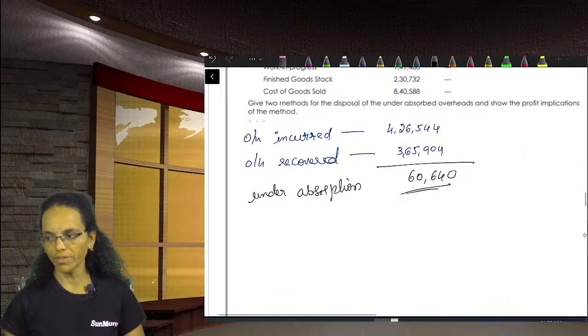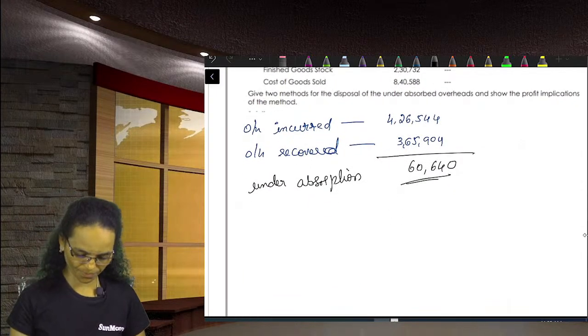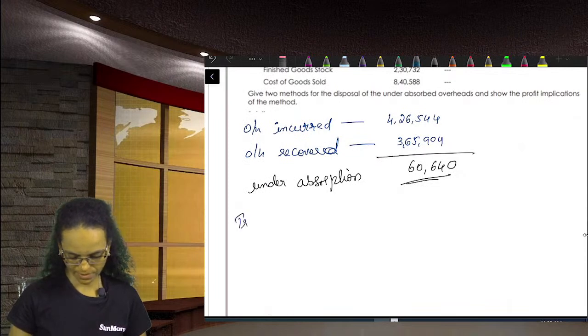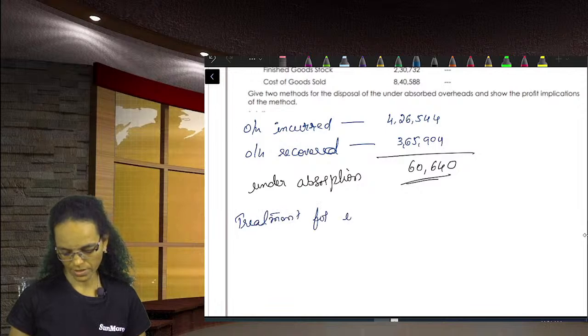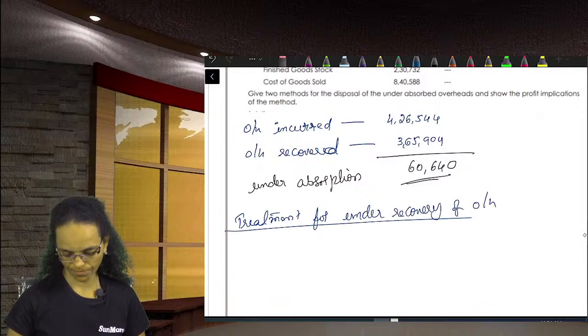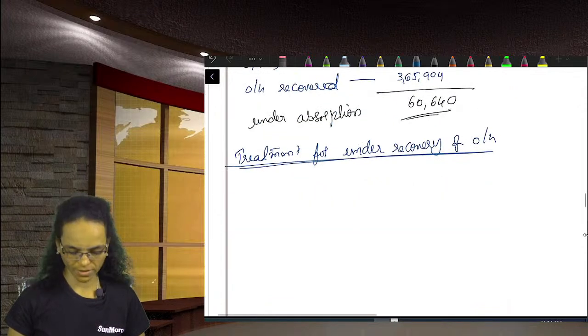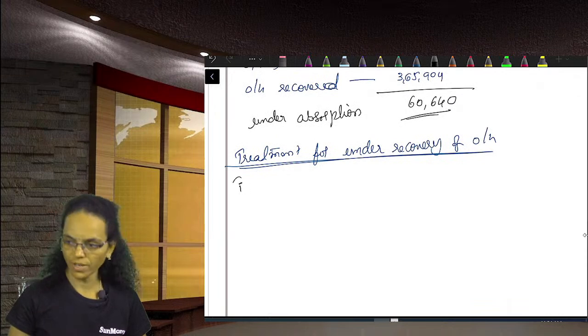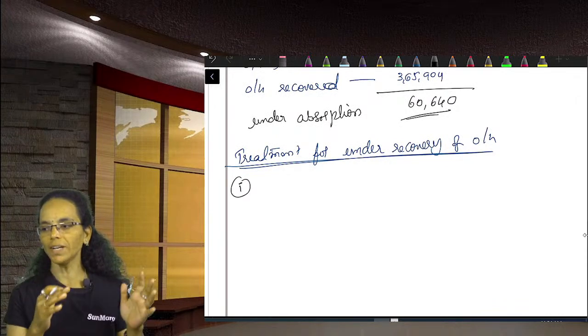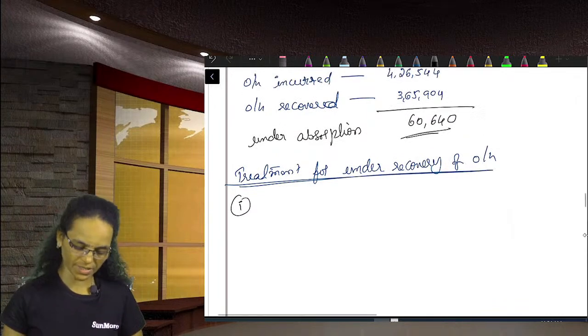So the treatment for under recovery of overheads. We have methods. First one, you entirely transfer to the costing P&L. This is a loss, right?